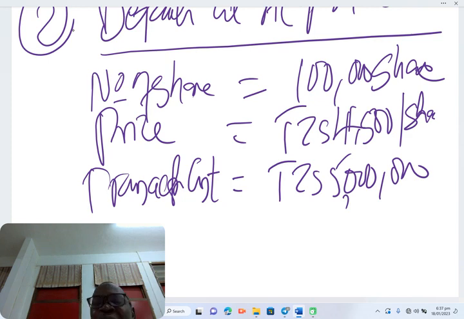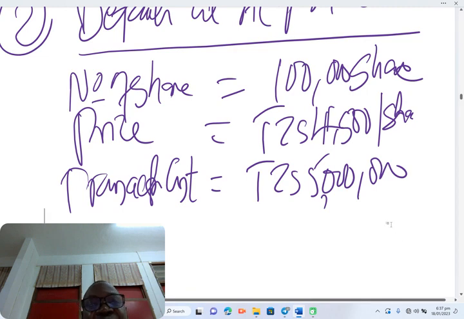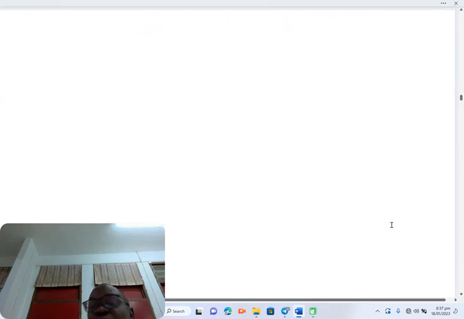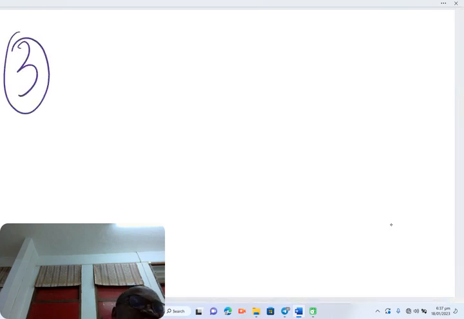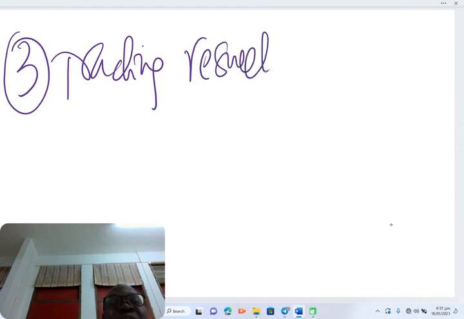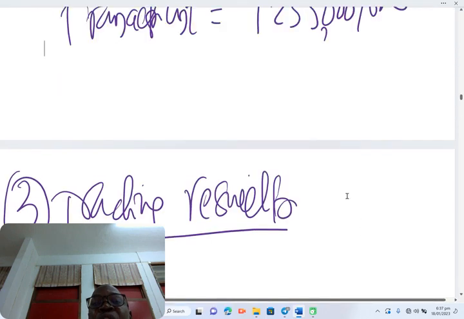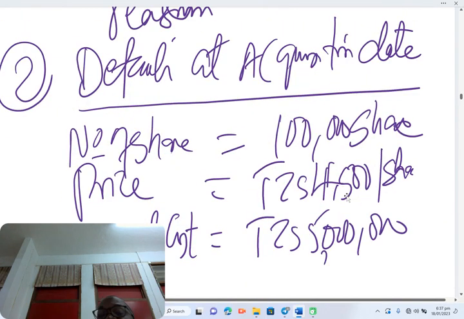So same problem, but now it is held for what? Strategic reasons. Trading results. Item number 2, trading results. Any problem? Yes, we want to see some figures, please. So details, he bought 100,000 shares at a price of 4,500 and the transaction cost is 5 million. That is how it works.